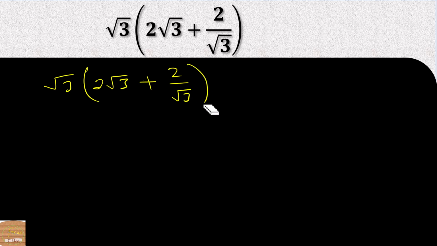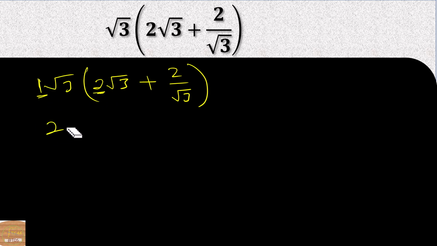All right, so let's look at this example. So we have root 3 taking what is inside the bracket, 2 plus 2 over root 3. Okay, so what's the coefficient here? 1. So 1 will take this 2, so 1 times 2 is 2.